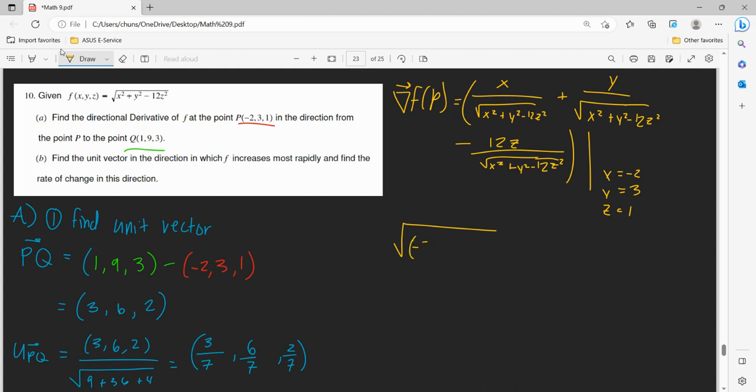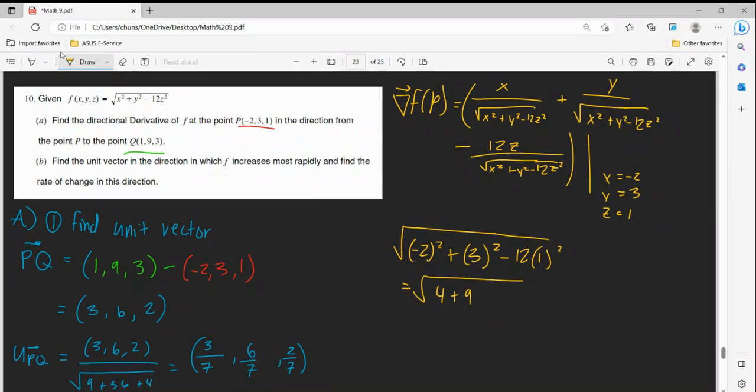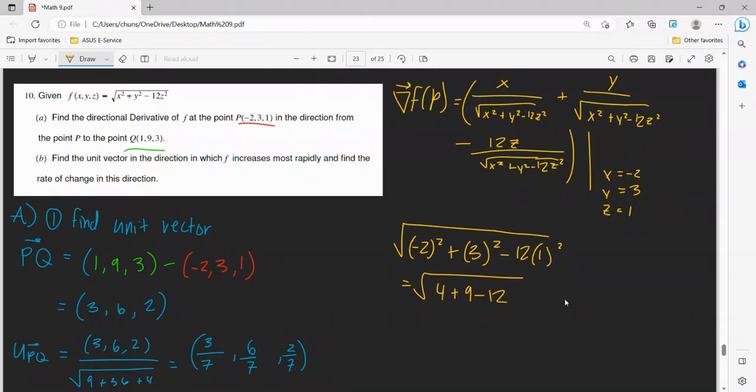So x squared, negative 2 squared, plus y squared minus 12. This is equal to 4 plus 9 minus 12, and this is just the square root of 1, which is equal to 1.